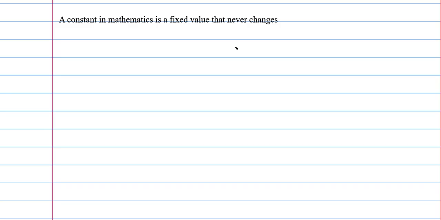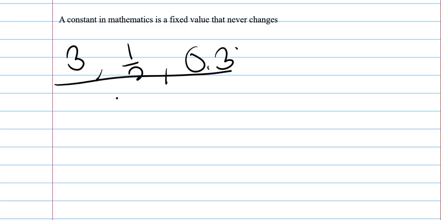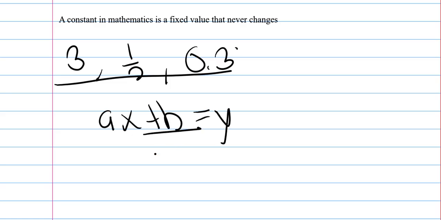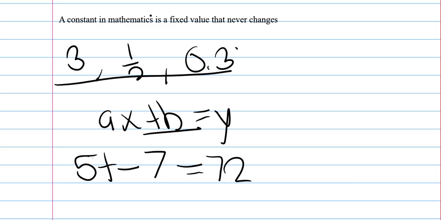Constants can be a single number, fractions, or decimals. In an algebraic expression like 5t minus 7 equals 72, there are two constants, negative 7 and 72, because those numbers do not change.